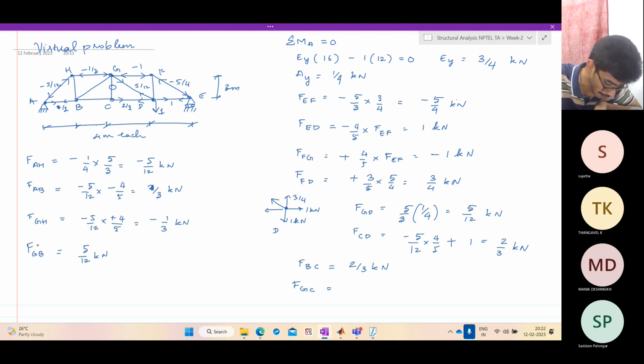Let's see point B. So at point B, we have minus 5/4. This is 1/4. So 1/4, 1/3.